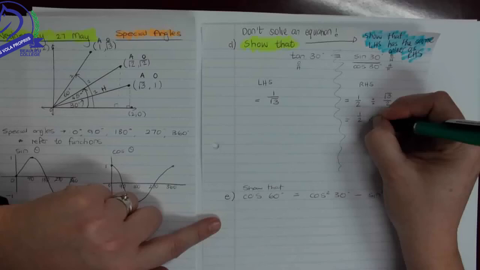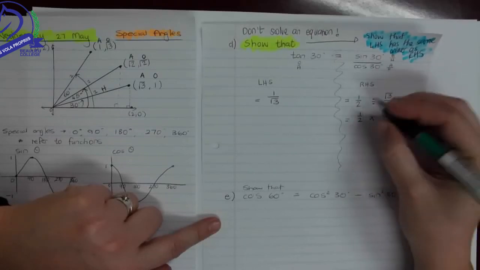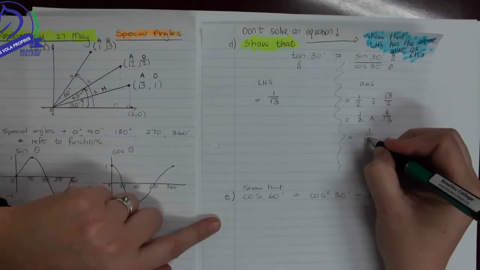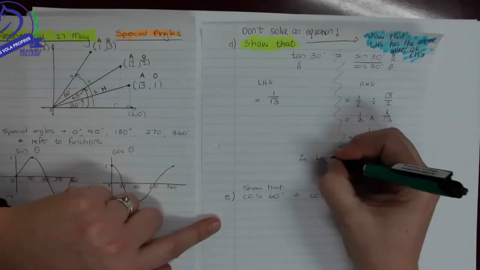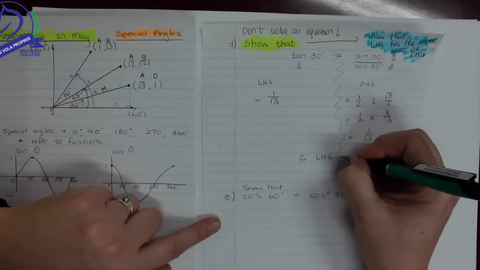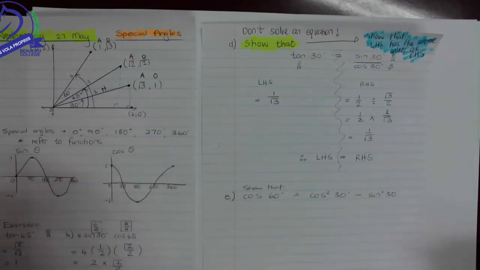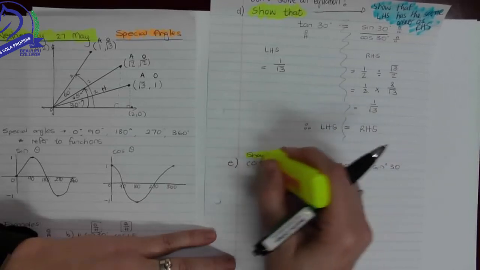When I divide, I will tip and times. The 2's cancel, and I get my answer is 1 over square root 3. Therefore, my left hand side equals my right hand side. That is what they want me to do when I do a show that. I'm not solving an equation, people.